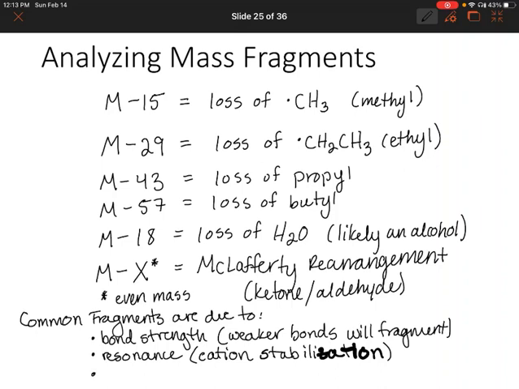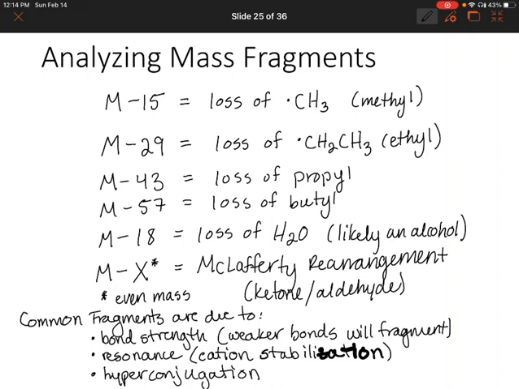All right, and then the last factor that can affect fragmentation is hyperconjugation. So let's say you lose a methyl group and that results in a tertiary carbocation. That will be super stable, so that loss of a methyl group will be favorable.